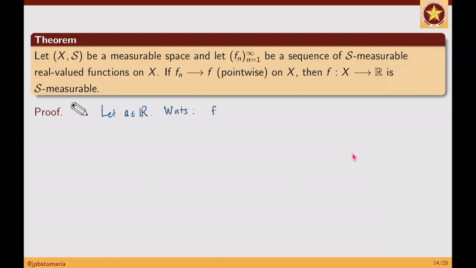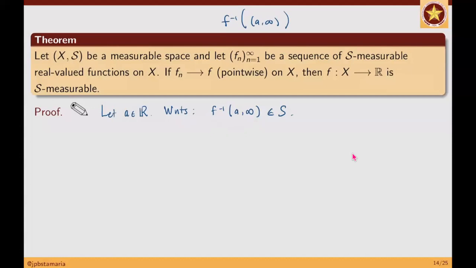We need to show that the inverse image of the interval from a to infinity is in S. I no longer write the parentheses because it's automatic, to save ink. Okay? So we understand what this means: it's the inverse image of the entire interval.